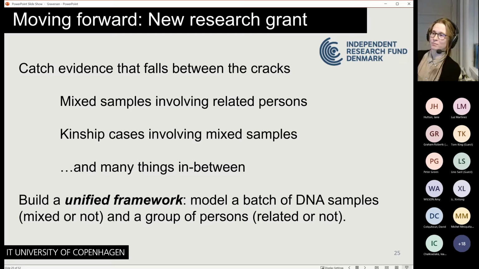So there are many cracks that cases can easily fall through here. So it's natural to somehow build a unified framework for this, because more generally what we're doing is we try to model a whole batch of DNA samples, some can be mixed, some not mixed, and then a group of people, some of whom have contributed to some of these samples, and these people can be related or not.